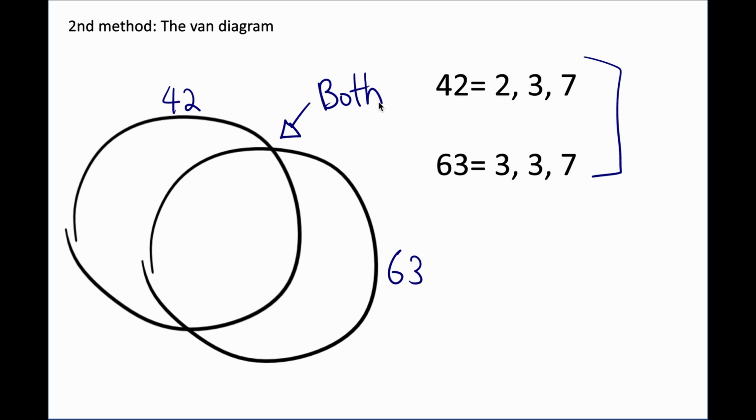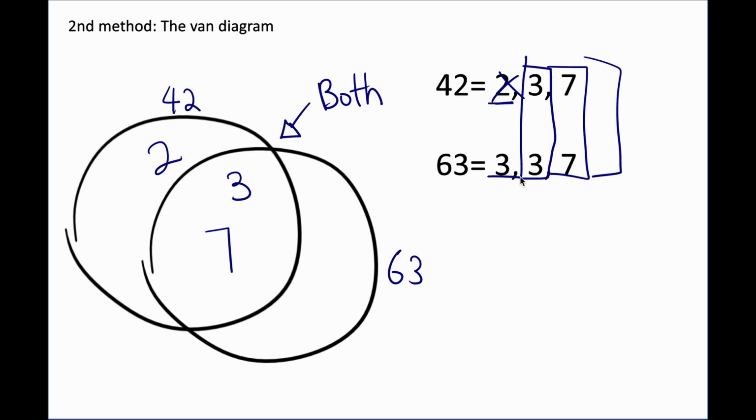But pay attention to only write it once when you put it in the middle. So let's try it. We have a 3 right here. We're going to put it in here because it's in both 42 and 63. 7, same thing. And we have a 2 that's all alone. We're just going to put it here. And 3 is also not repeated. We're just going to put it here.